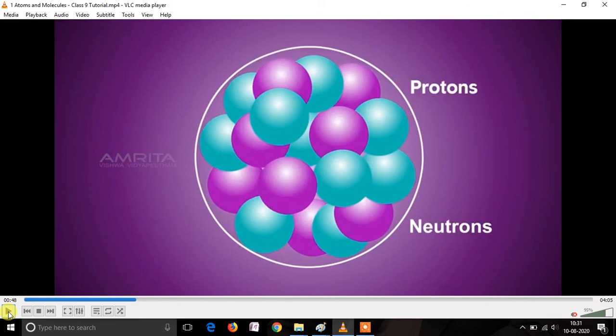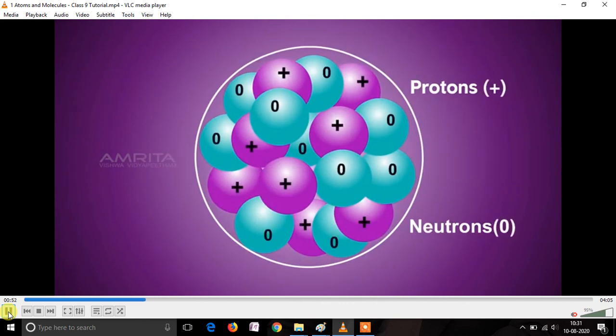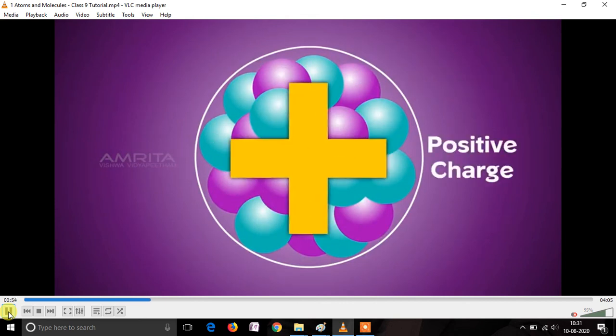It means that the nucleus consists of two subatomic particles, protons and neutrons. Protons have a positive charge and neutrons do not have any charge. Collectively, both protons and neutrons are called nucleons.